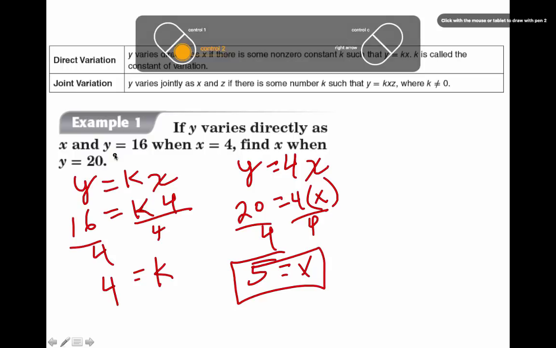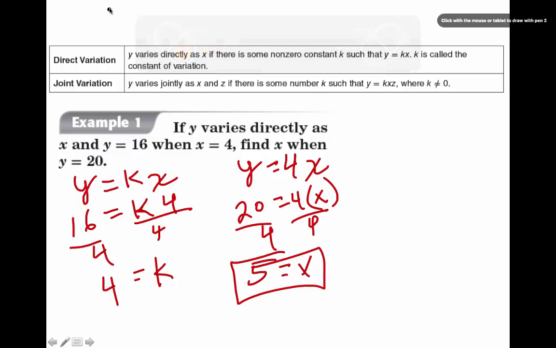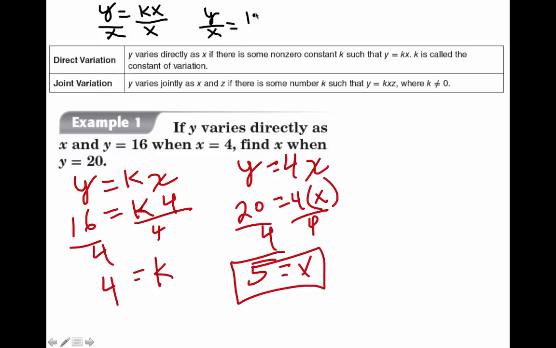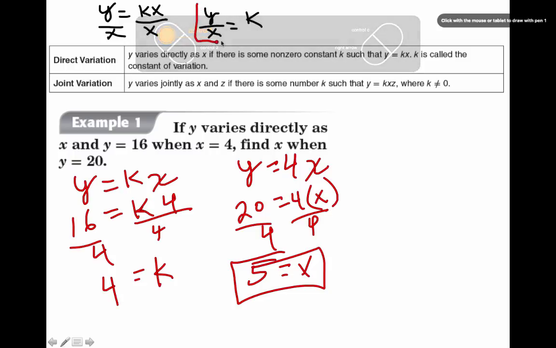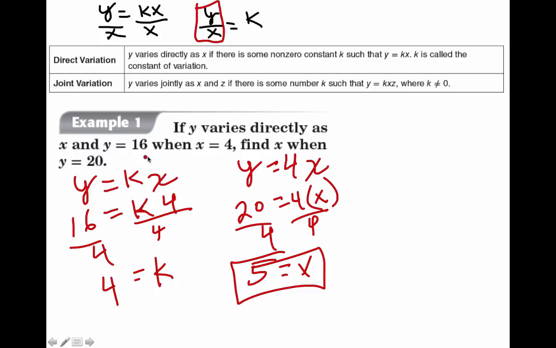Now the second way to do these problems is to identify the fact that for each individual problem the value of k is going to be the same. So if I solve for k, y over x equals k. Now the y over x will be the same for the original problem and the second problem.